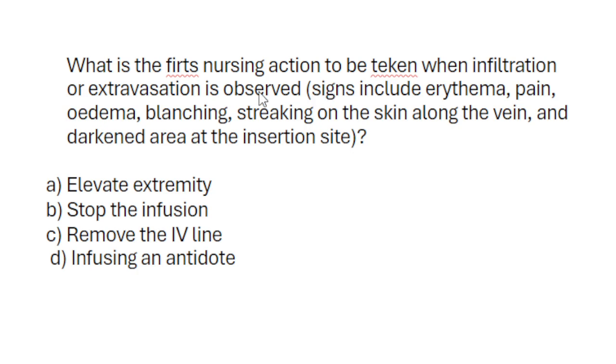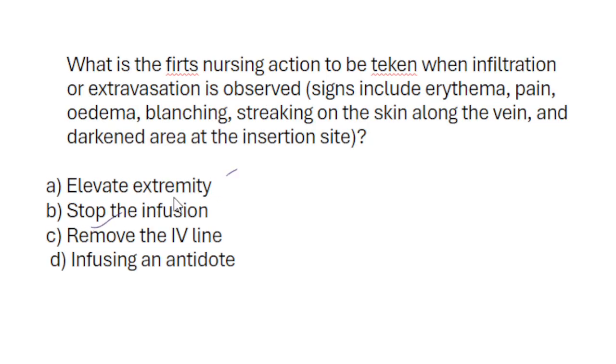What is the nursing action? A. Elevate extremity, B. Stop the infusion, C. Remove the IV line, D. Infusion antidote. Here, if you observe infiltration or any other symptom, erythema, pain, edema, blanching, anything, we have to stop the infusion. Next, we will see the next question.